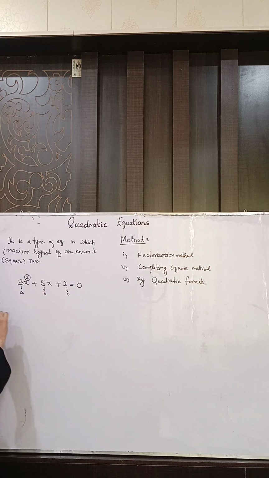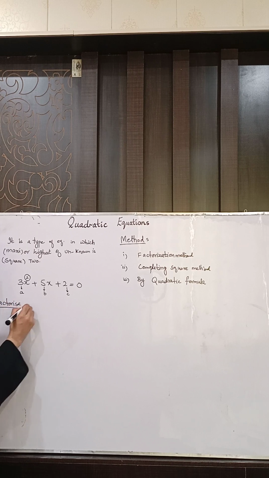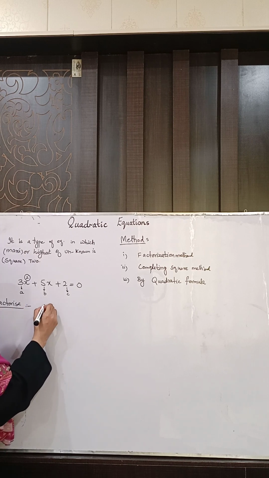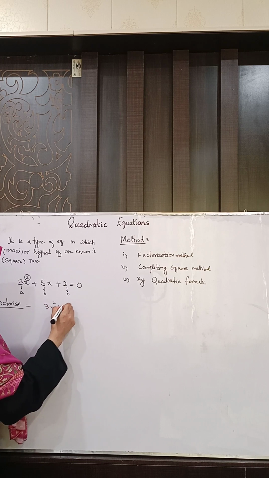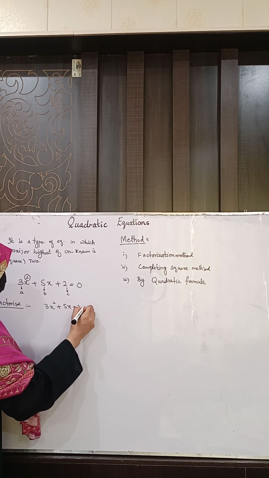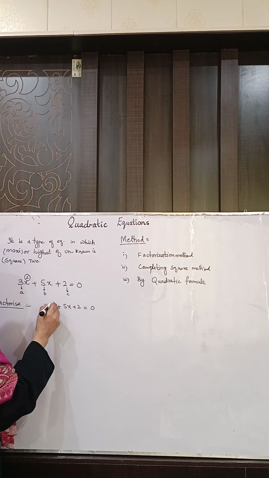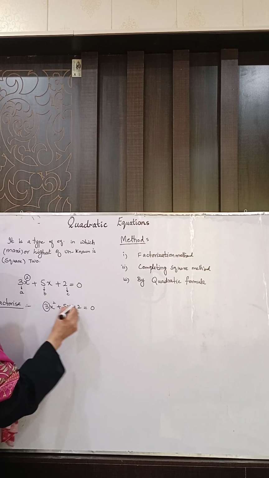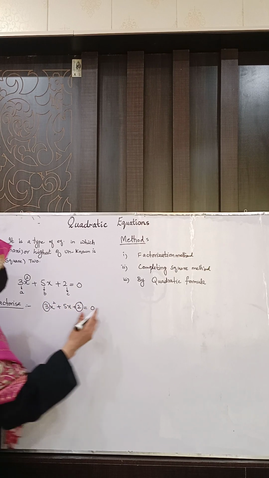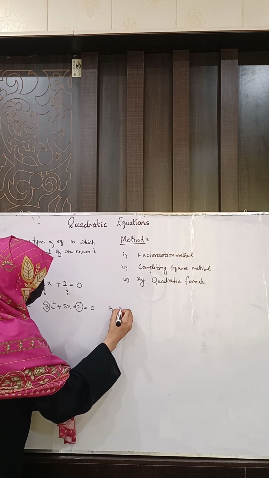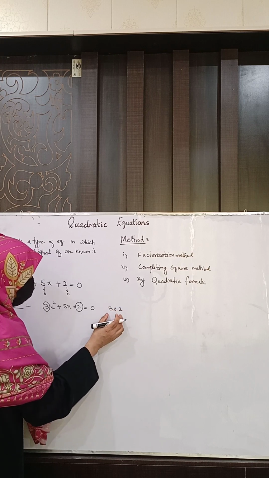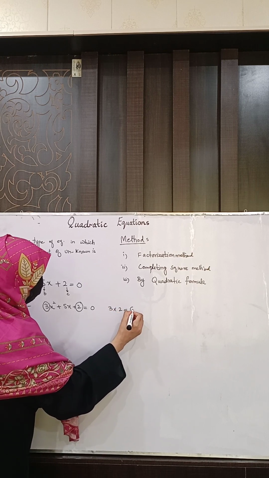Now what we do in the factorization method: in this equation you should see the first and the last values, the coefficients 3 and 2. We multiply these two coefficients and we get 6.